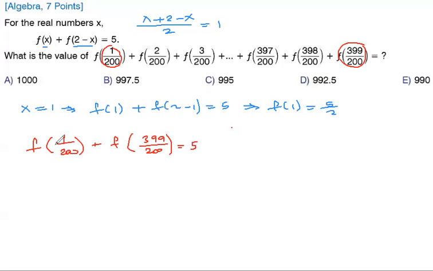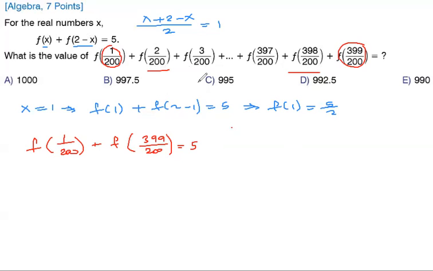Because if I plug in x equals 1 over 200, which gives me this term, the remaining one will be 2 minus this number, which is the same as this one. And this is not the only pair that will have the same relation. If you pair the second term with the second from the last, you also get the same relation. So the sum of the first and the last is 5, and the sum of the second term and the second from the last is also 5.